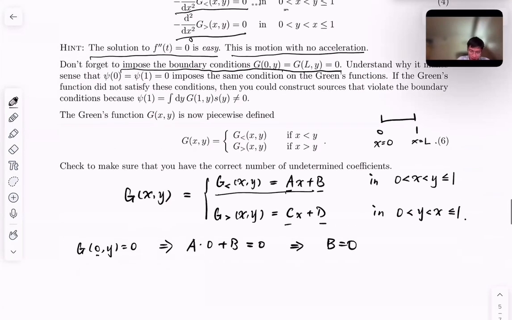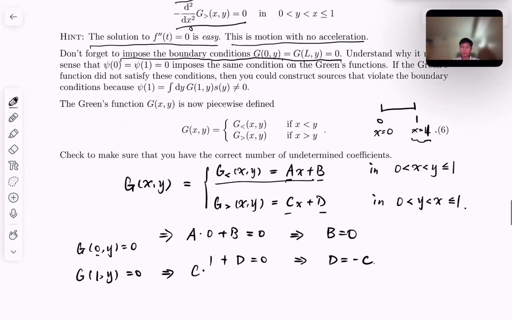The next condition is G(L,y) equals 0, where L equals 1. We get c multiplied by 1 plus d equals 0, so d equals minus c.